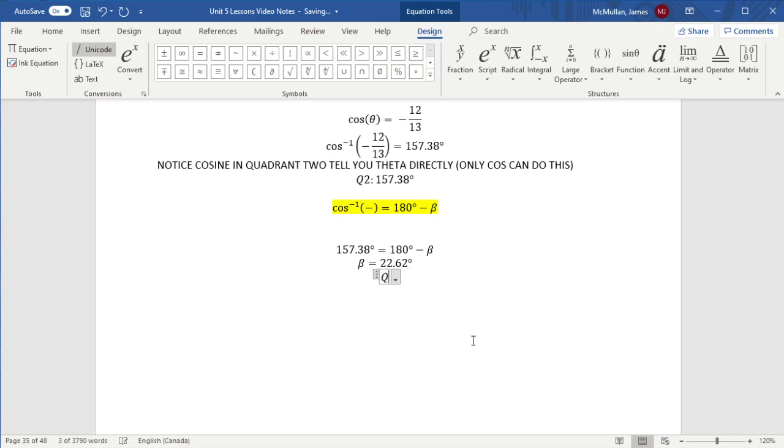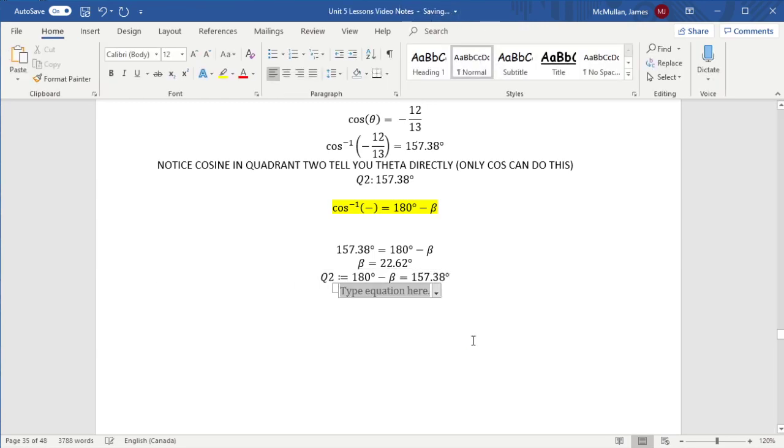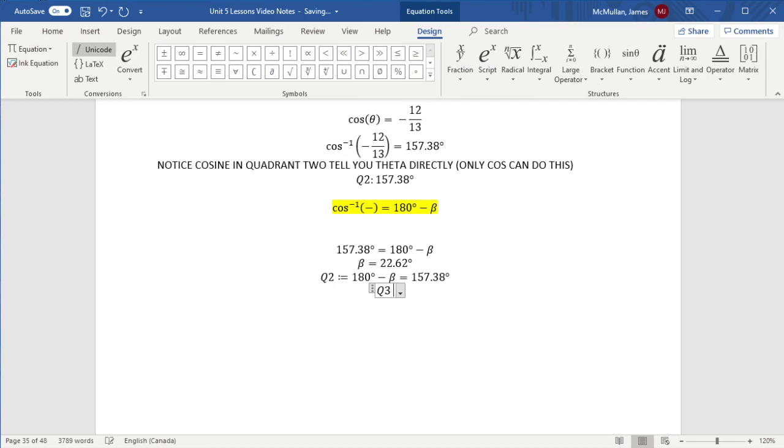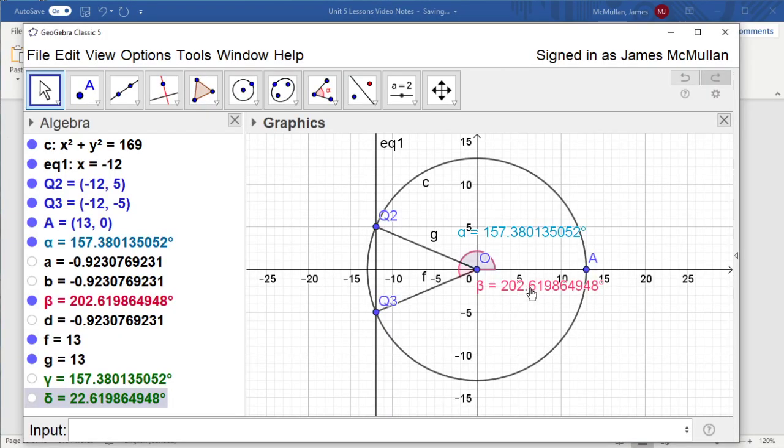Now, I have an answer in quadrant 2. That answer is 180 minus beta. Of course, we already know this answer. It's 157.38. I already got that one. My quadrant 3 answer is 180 degrees plus beta. And my quadrant 3 answer, therefore, is 202.62. And that's the other answer. That's where this 202.62 is coming from.